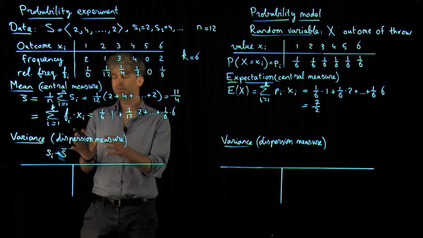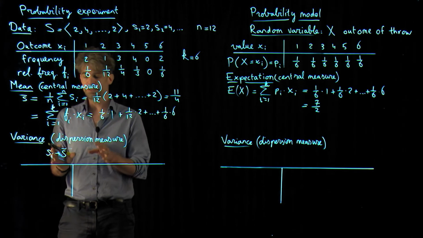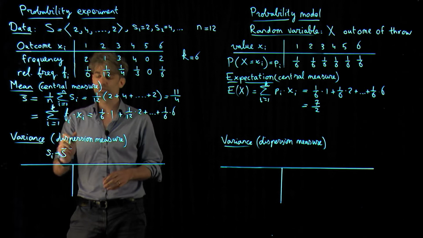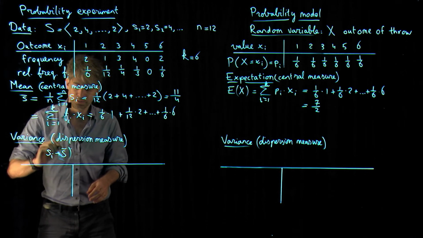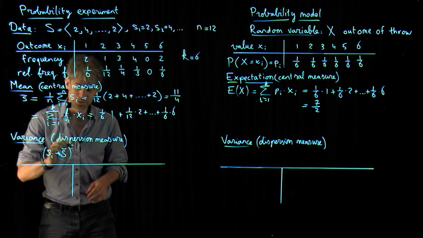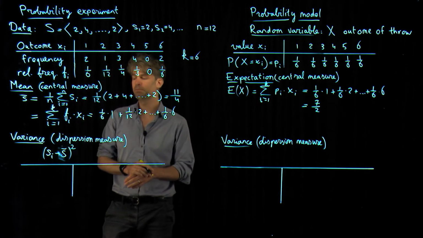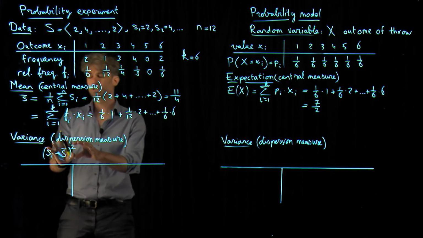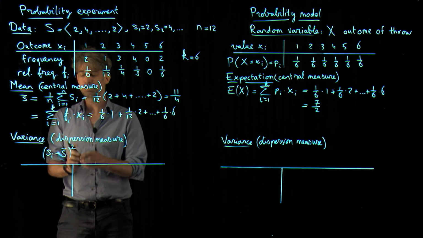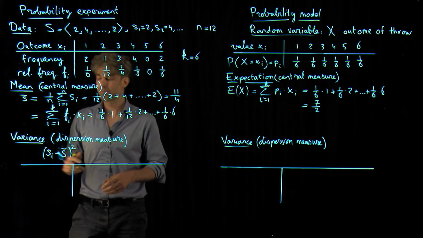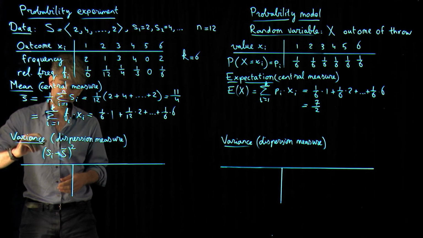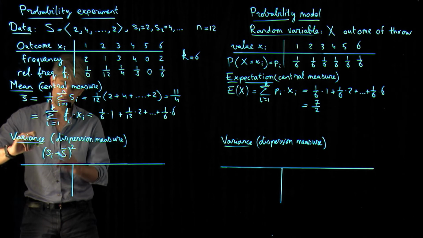And since this can be positive or negative, and you don't want things to cancel out, you square this thing. And now all these squared deviations, you want to take the mean. So it's sort of the mean quadratic deviation with respect to the mean.